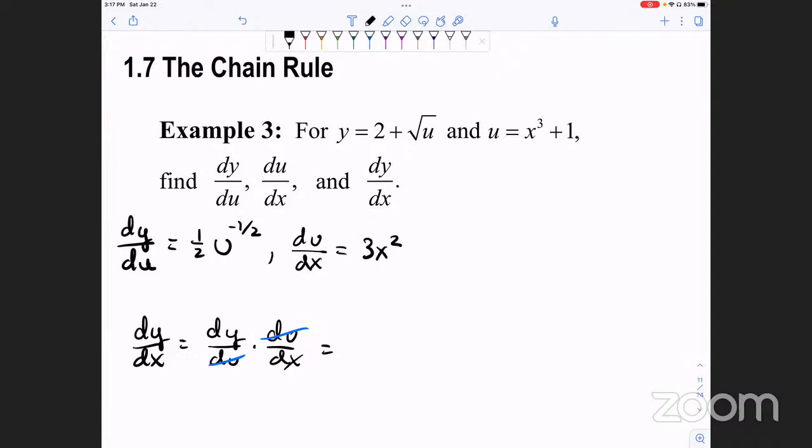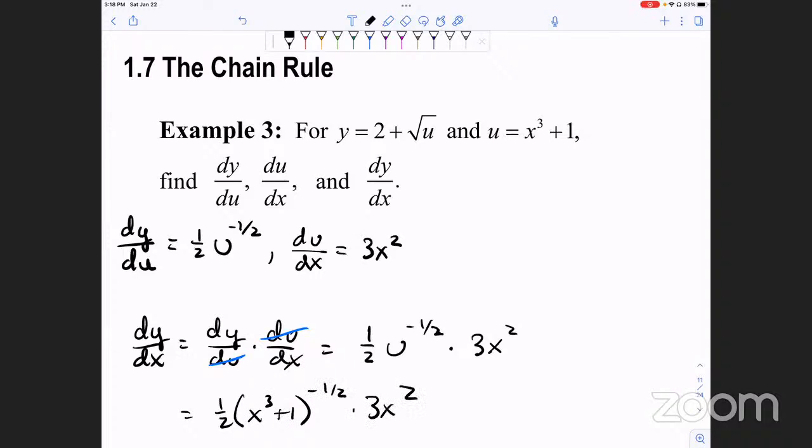So dy by du was the 1/2 u to the minus 1/2, times 3x squared. And we just need to substitute in u. We have x cubed plus 1 to the minus 1/2 times 3x squared.